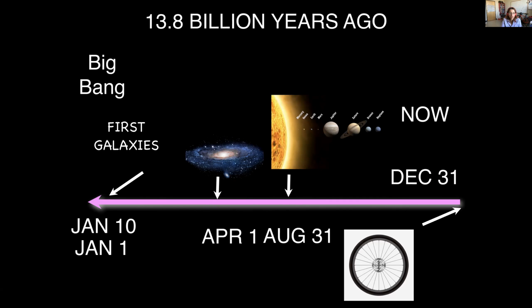So if we go back to the first galaxies, how do we look at those very first galaxies? You've heard a lot about the time, the light years. They are 13.3 billion light years away, meaning that the light that traveled from those galaxies took 13.3 billion years.